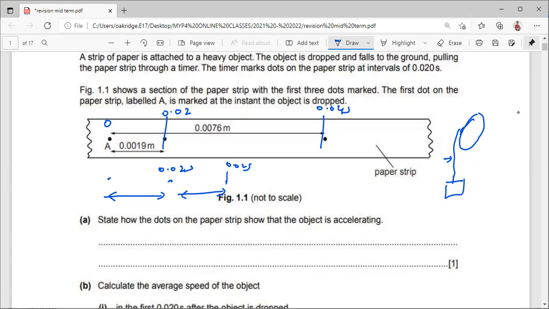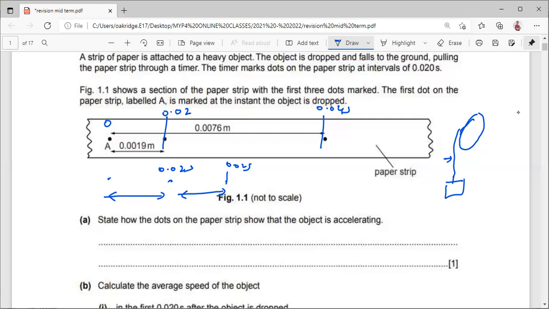In other words, if you calculate the speed at which the dot is being seen, this will be this distance divided by time taken, then again this distance divided by time taken. As a result, the distance divided by time will always remain a constant. That will be the case when you have uniform velocity or uniform speed.